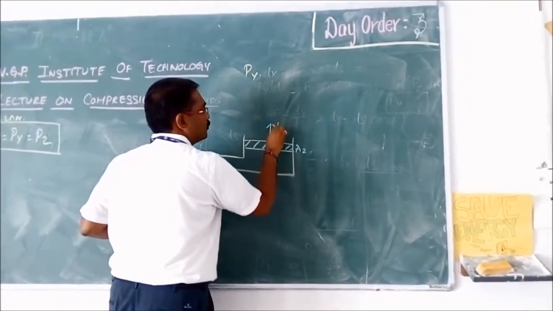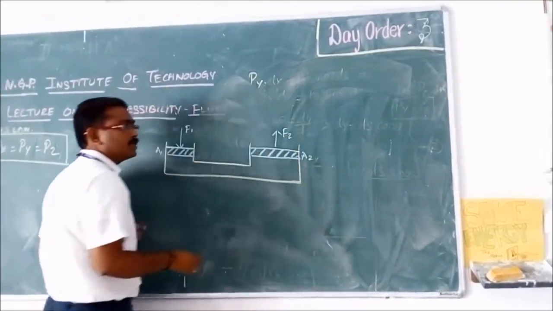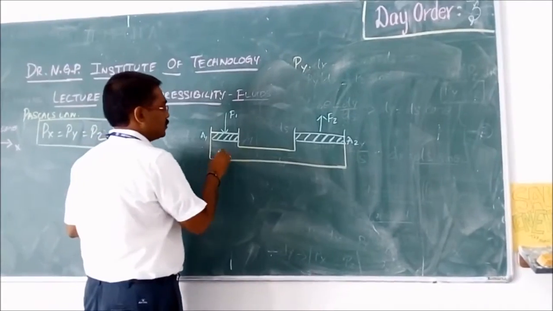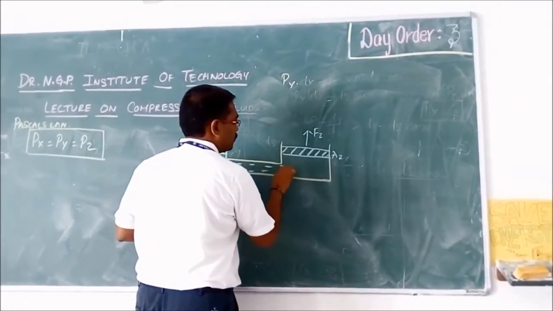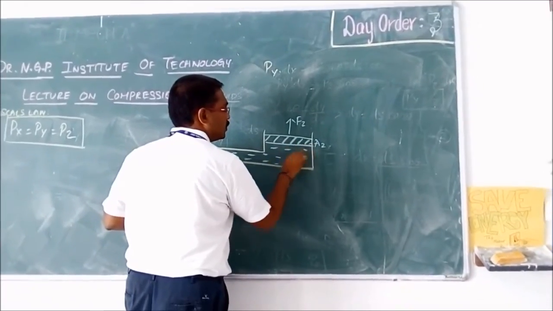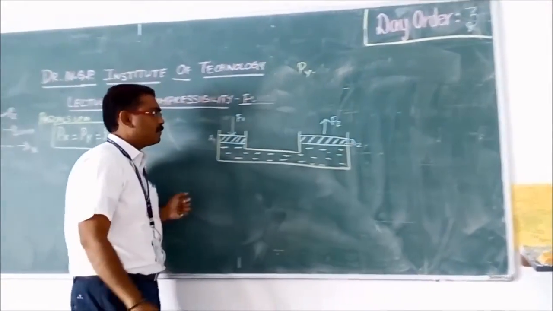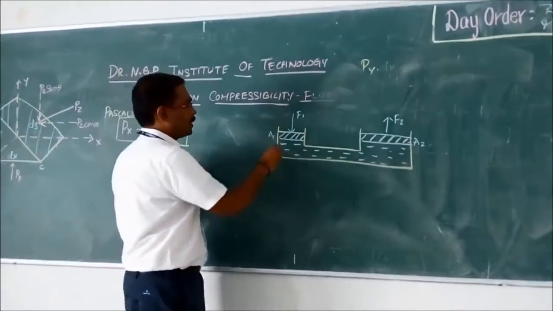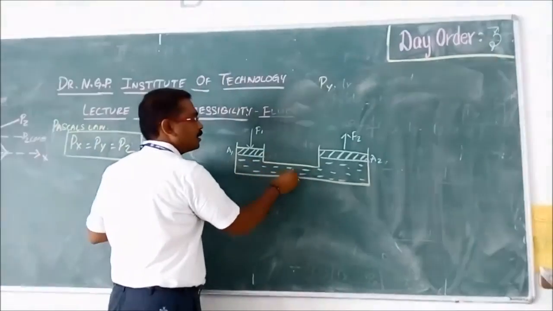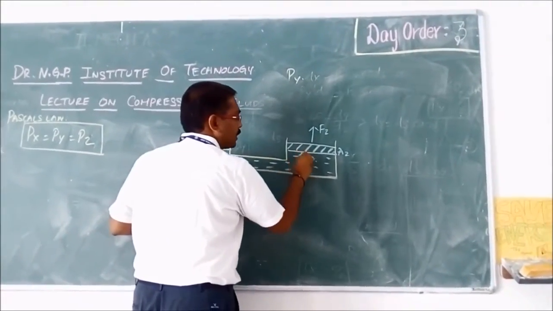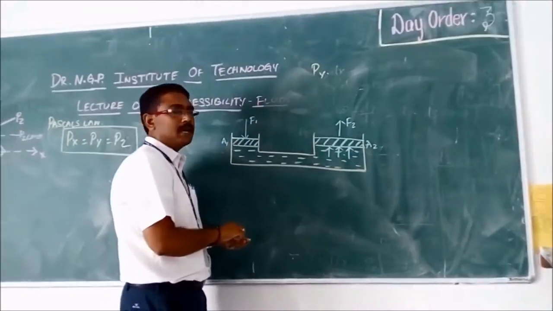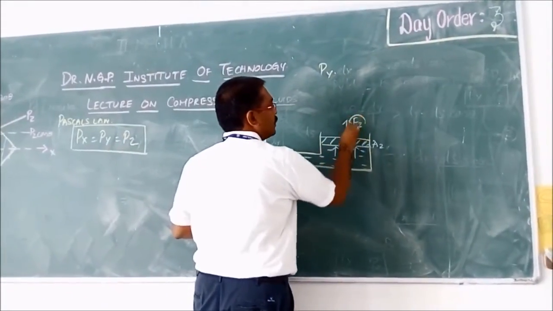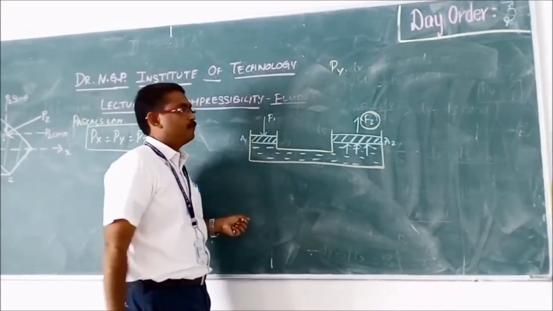I get an output force of F2 in section 2. Okay, so I assume I fill a fluid here. As per Pascal's law, if we apply a force here, it is being uniformly distributed and we get an output force that is acting on this particular area A2, and we get F2 as a resultant force.